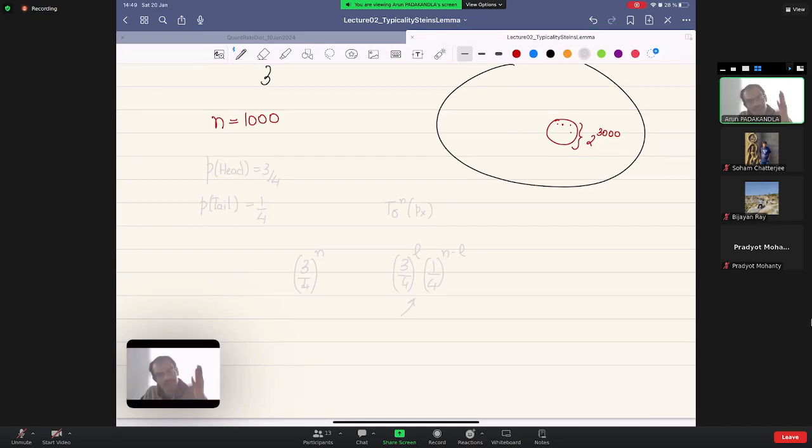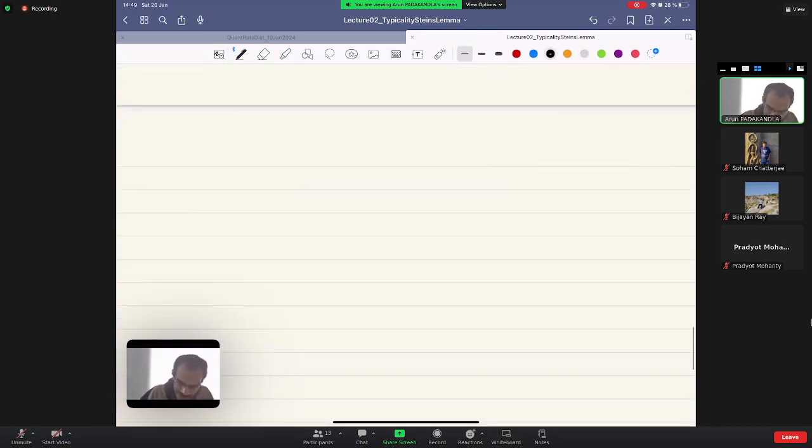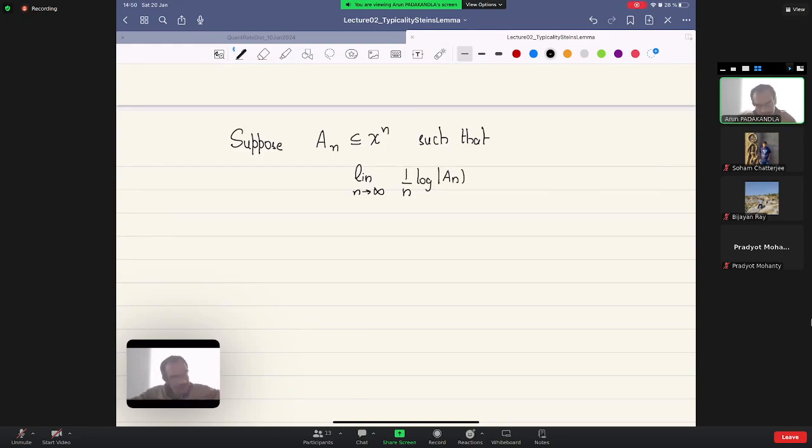So let me put it this way. I'll be careful here. So I'll make the statement, slightly heuristic, but I'll make the statement. Suppose A_n is a sequence of sets, such that, I'll be very careful here, limit as n tends to infinity of 1 by n log of the size of A_n. So A_n is a sequence of sets, they're blowing up.